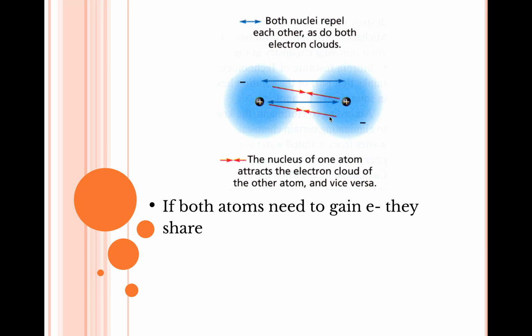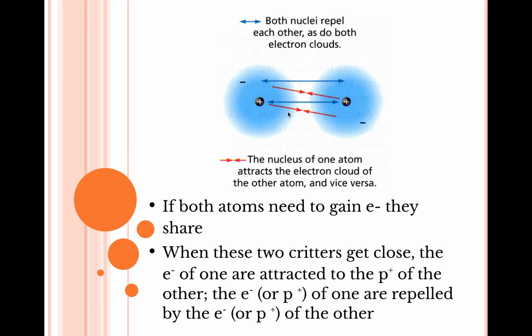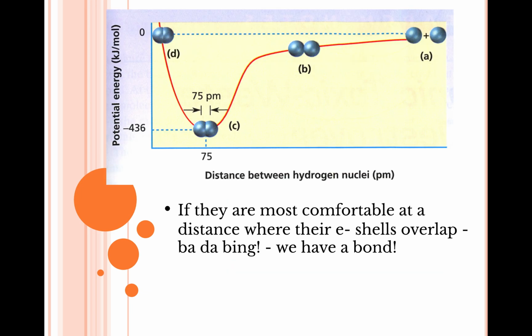If both atoms need to gain an electron, like they do in this picture, because there's only one electron here, so we're assuming this is hydrogen since there's only one positive, they would share them. So they get close enough. They can't get super close. They can't touch because the positives will push apart. They get close enough that the blues overlap, and they share those electrons, which means they are covalently bonded.